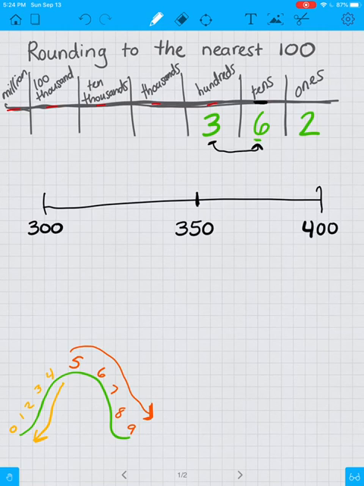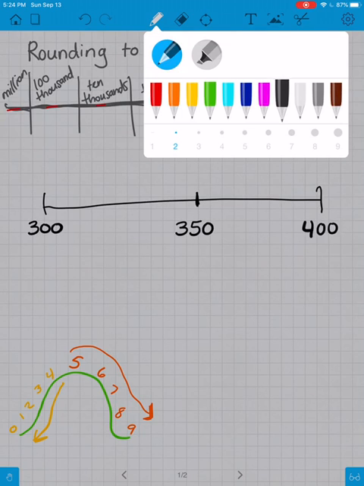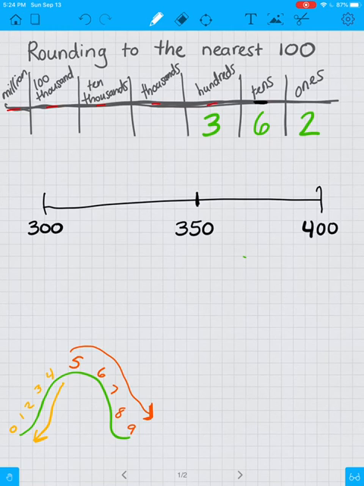Okay, so now I have to place this number up here that I'm trying to round. So, is 362, where would that belong? Well, I know 350 is less than 362. So that means I'm going to put my 362 somewhere past 350.